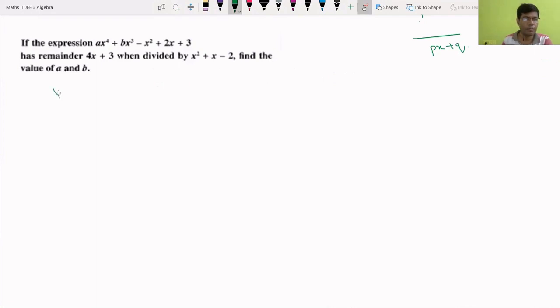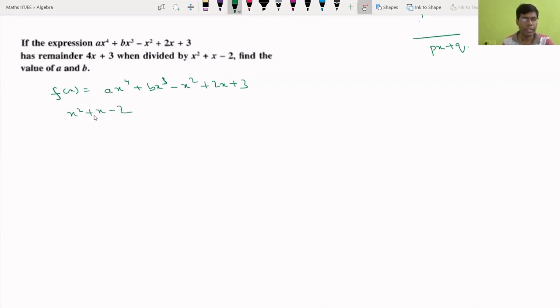Basically, we have f of x equal to ax power 4 plus bx cube minus x square plus 2x plus 3. This is my expression, my dividend, and the divisor is x square plus x minus 2.